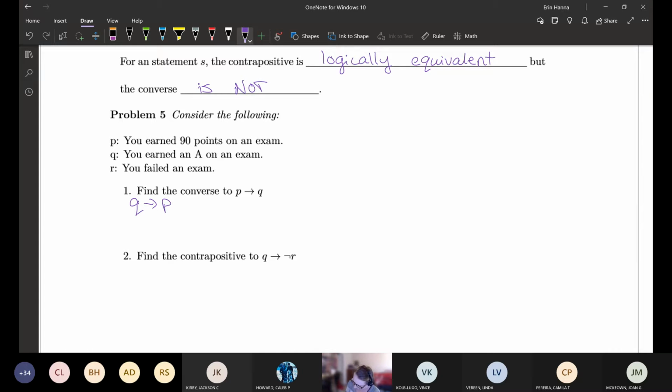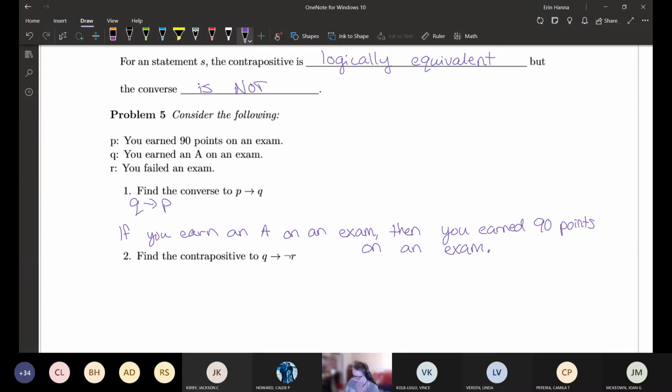So Q, you earned an A on an exam. Remember, an implication is usually written as an if-then. If you want to put the if in the middle and flip them around, that's fine, but I'll usually just use the if-then. So if you earn an A on an exam, then you earned 90 points on an exam.